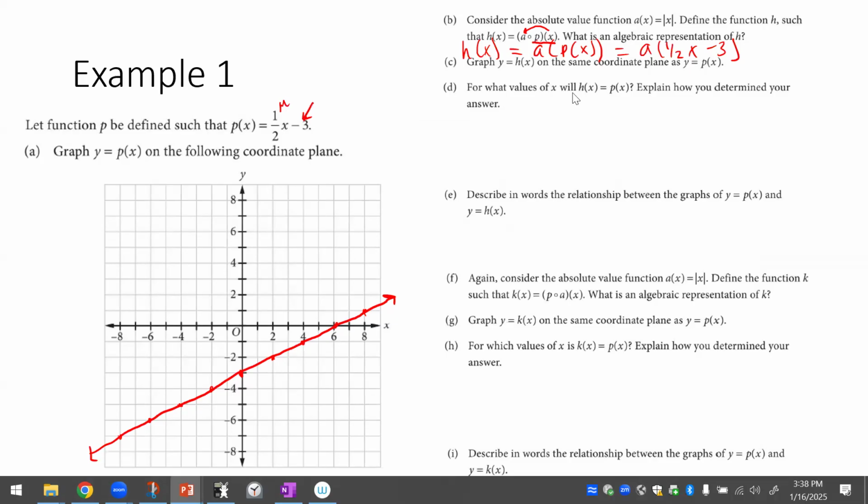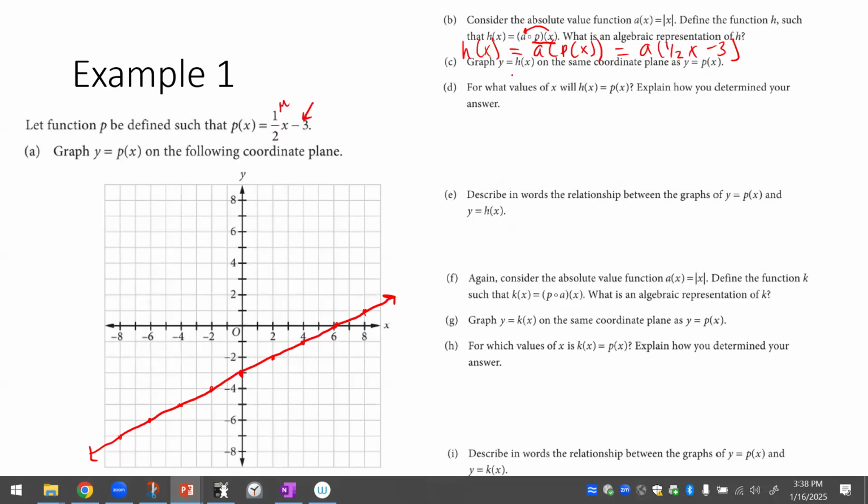So we'll continue. Once we have that, now we're going to write it as a y equals. It says write y equals h of x on the same coordinate plane as y equals p of x, right? So that means go ahead and substitute it in. This is telling me to take 1/2 x minus 3 and plug it into a of x.